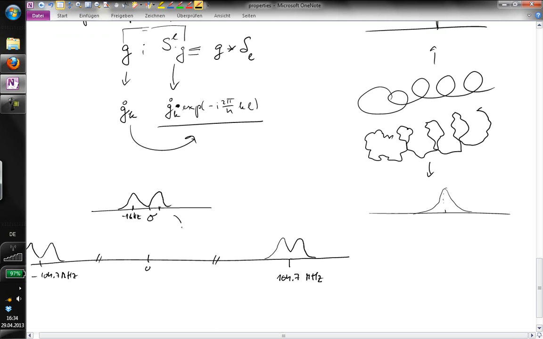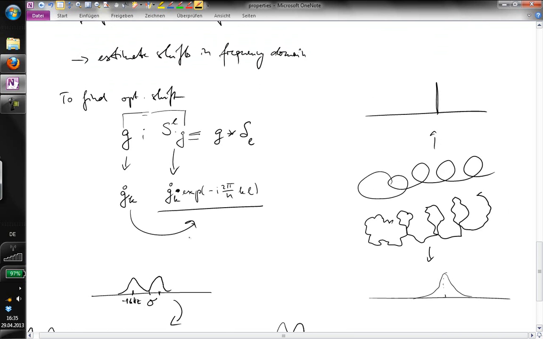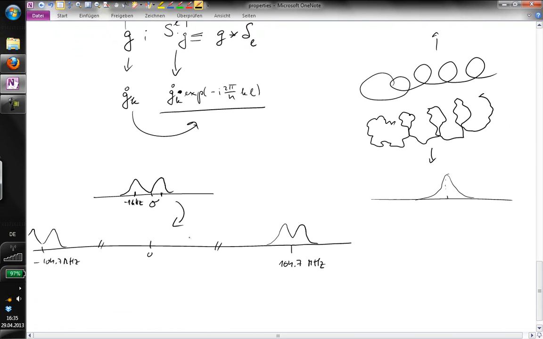Now how to go from here to there? Yeah, shift in frequency. And how do you achieve it? Yeah, signal modulation.